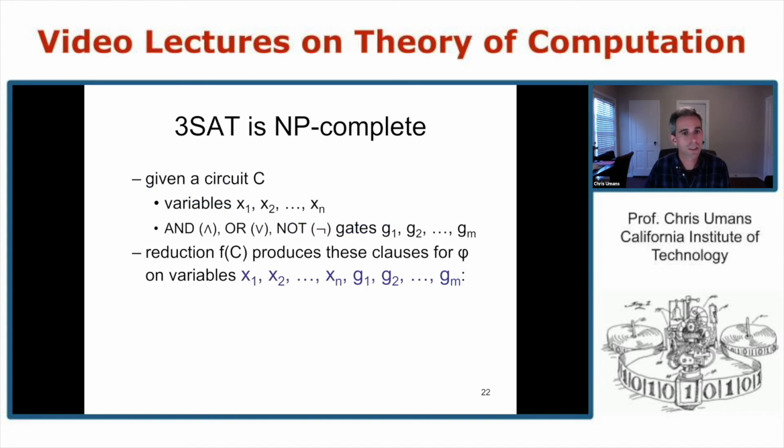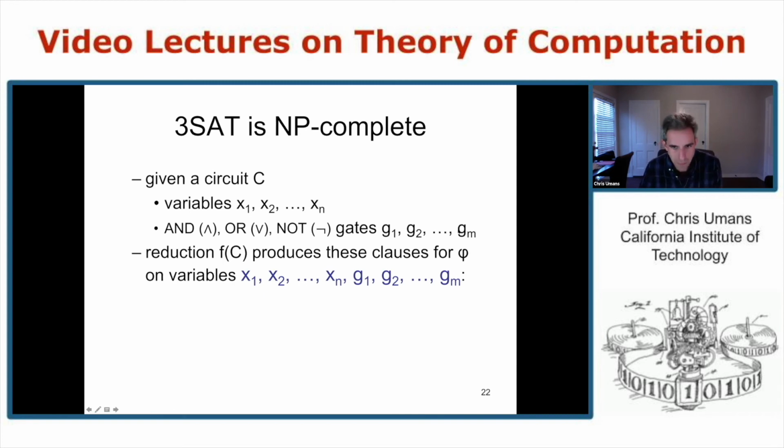And to do that, we're going to do the following trick. Let's set the stage. We're given a circuit, an instance of circuit SAT. It has variables x1 through xn, and it has a bunch of gates. They are AND gates, OR gates, or NOT gates. Let's give names to those gates: let's call them G1 through Gm.